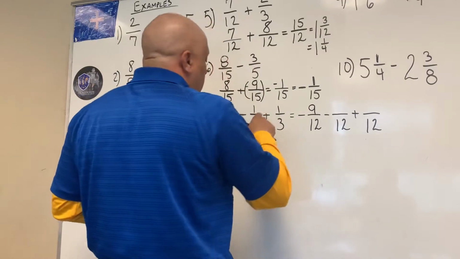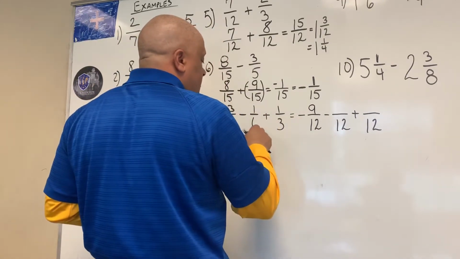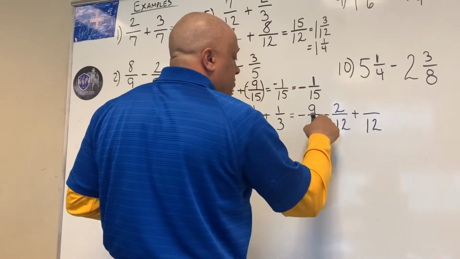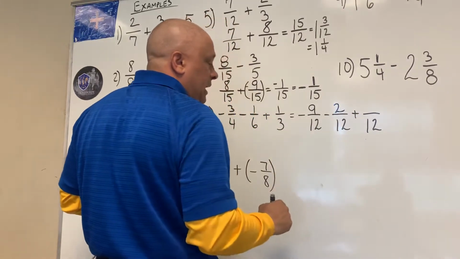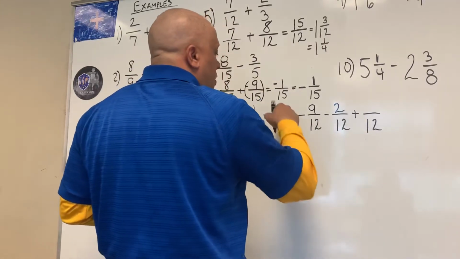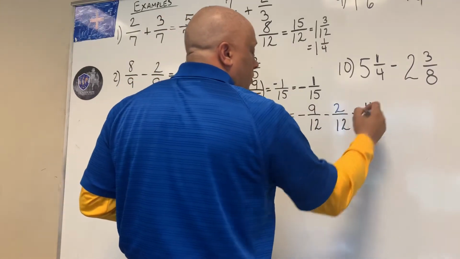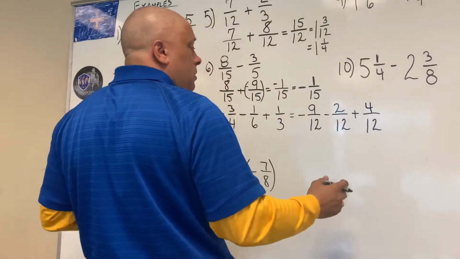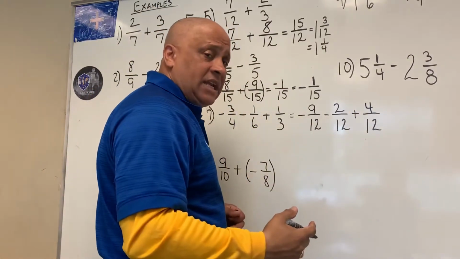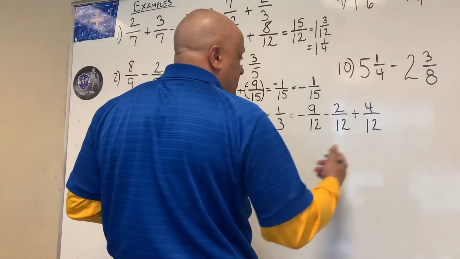For minus 1 over 6, we know that's going to be 12. So 6 times 2 is 12, 1 times 2 is 2. So we're subtracting 2 over 12. And then on the last one, we know 3 times 4 is 12, 1 times 4 is 4. Now, we just do the regular procedure for adding and subtracting unlike signs and like signs, right?